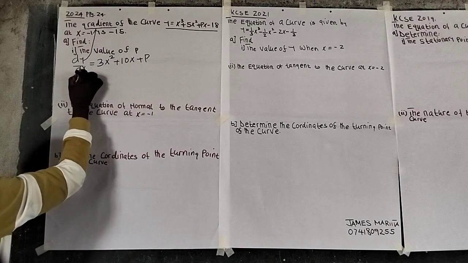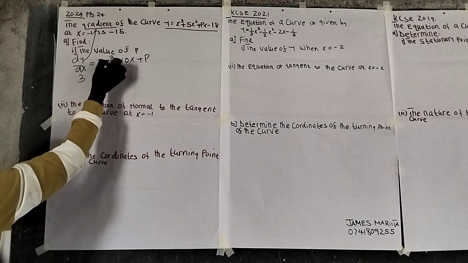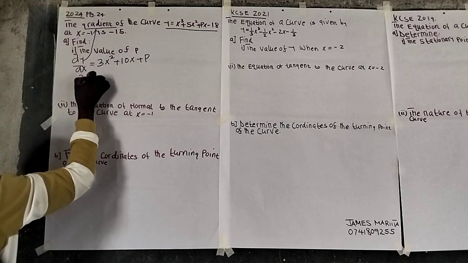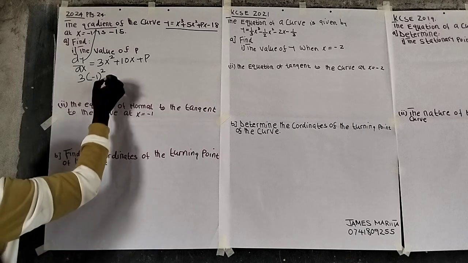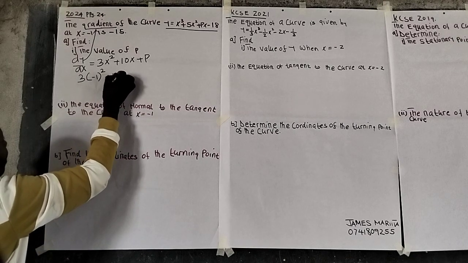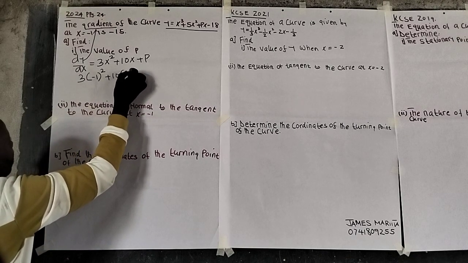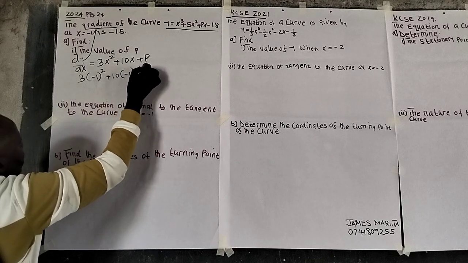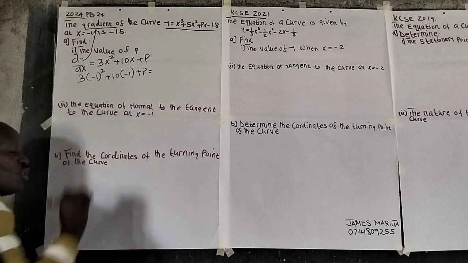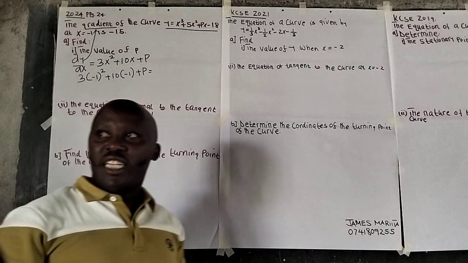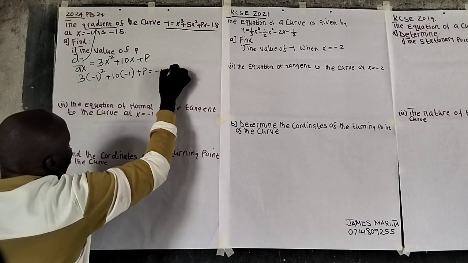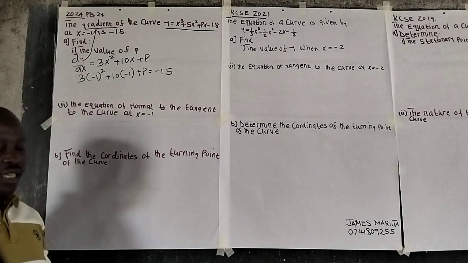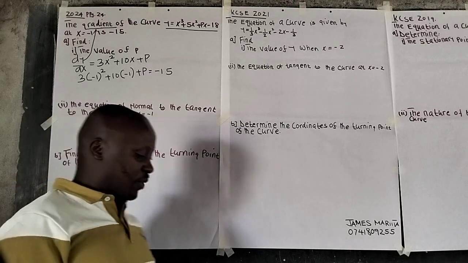So we have 3, instead of x squared we have -1 squared, then plus 10 times the value of x, which is -1, plus the value of p. This is equal to the gradient, and the gradient of that curve is given as -15.